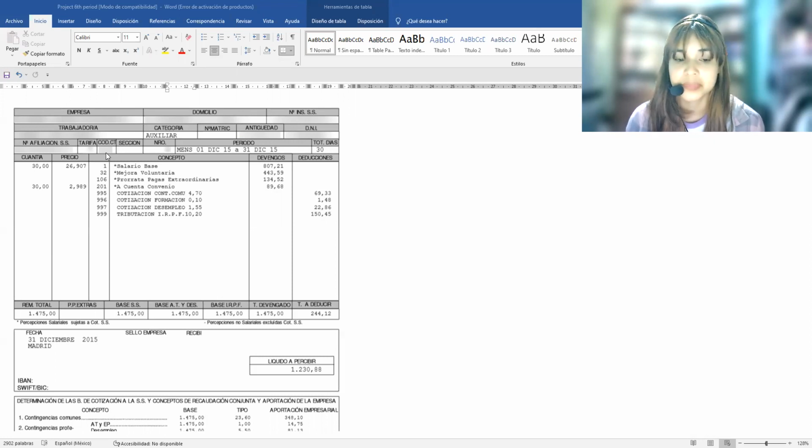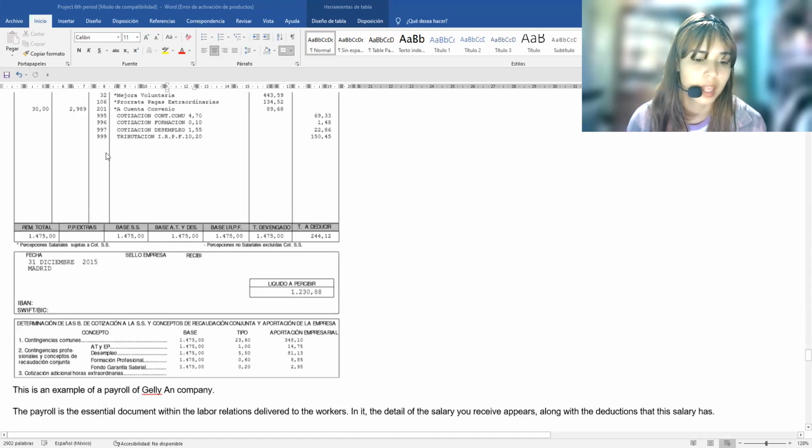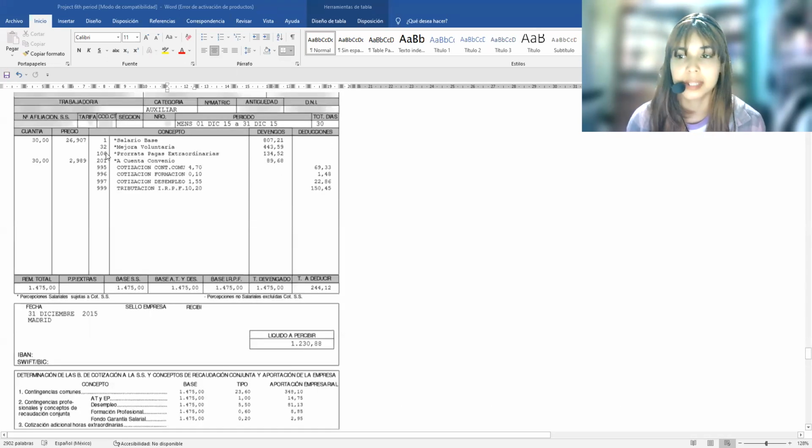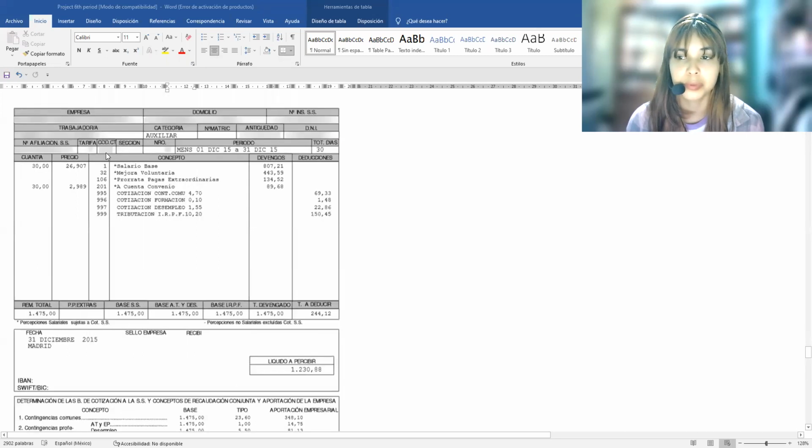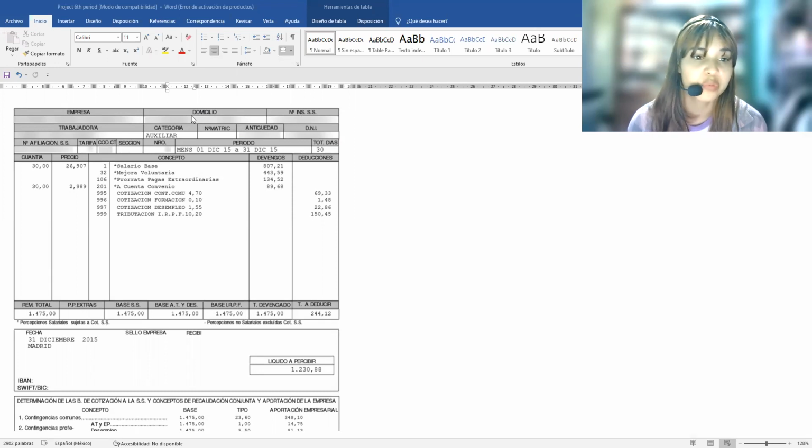But we have to identify the most important characteristics, the elements that a payroll has to have. It is the name of the company, the address of the worker, not of the company, the social security insurance number, the name of the worker. This is very important.